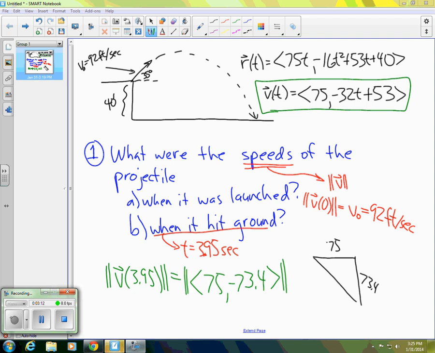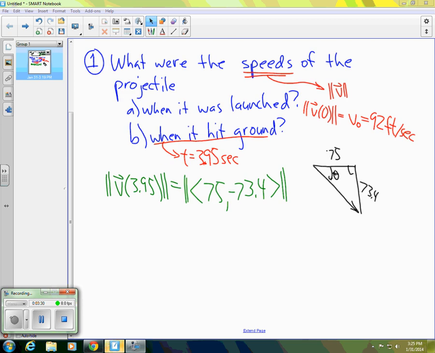And this right here would be the vector itself. The next question we're going to ask is what the angle below the horizontal is for that vector. And you can see that because both legs of that right triangle are almost the same, that angle is going to be pretty close to 45 degrees. But for right now, we're just trying to find the magnitude of the velocity. And so let's finish that up.